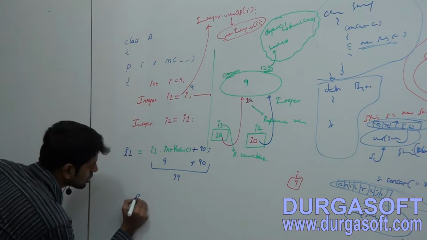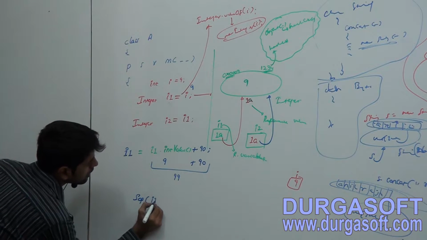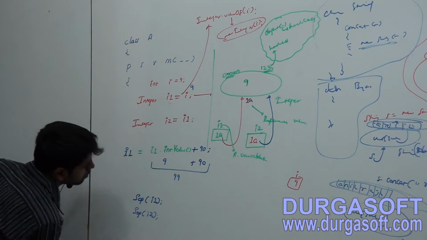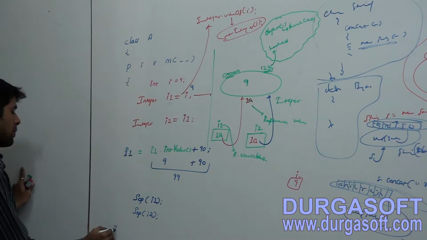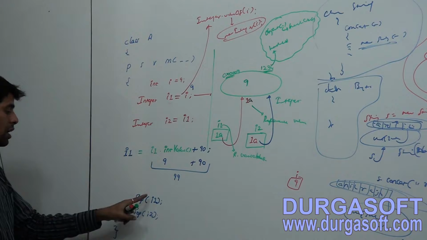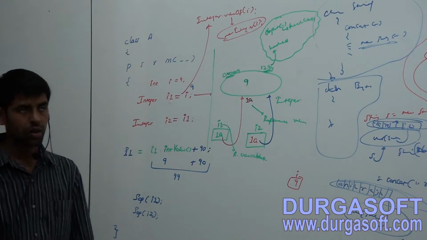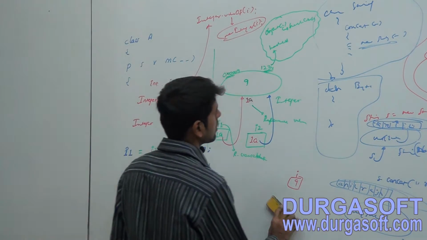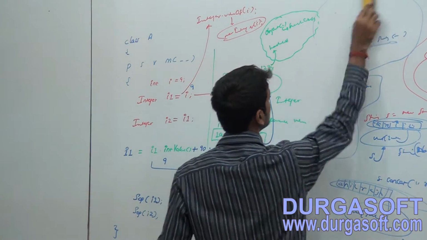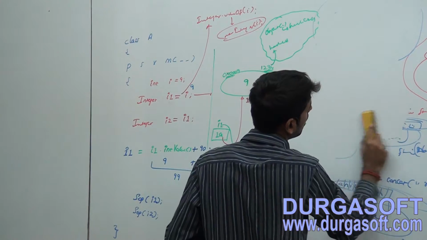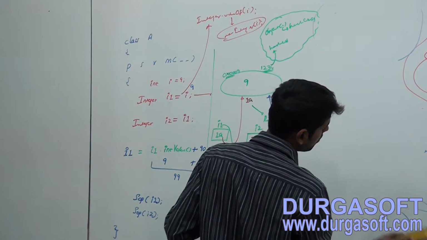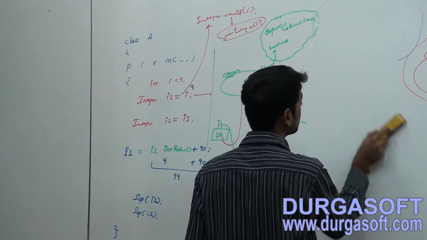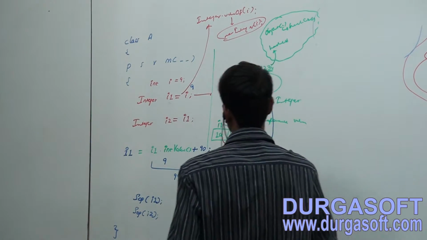Now SOP of I1, SOP of I2. What will be the values of I1 and I2? This is the question here: the value of I1 and the value of I2.